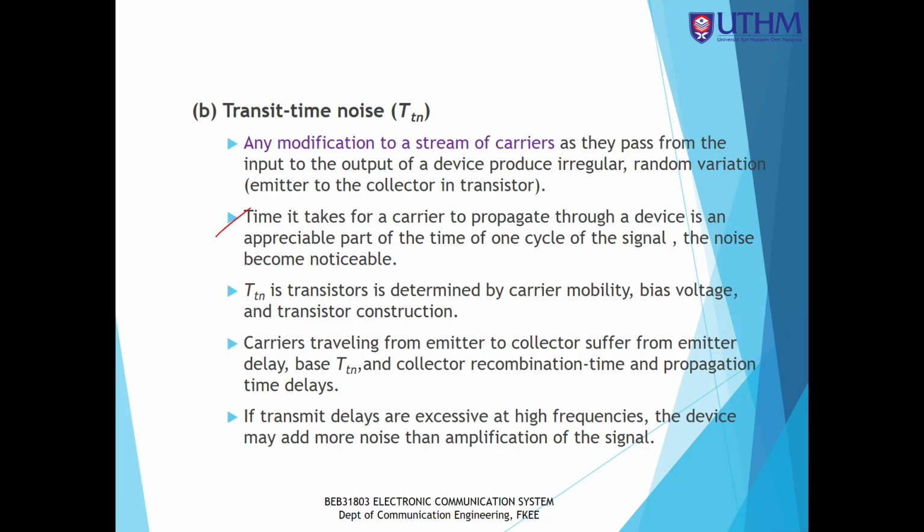The higher the time taken for the carriers to move from input to output of the device, the higher the transit time noise. So transit time noise is proportional to the time taken by the carriers to move within the device from input to output. That means the higher the time of the movement, the higher the delay, sorry, the higher the noise. The higher the delay, the higher the noise.